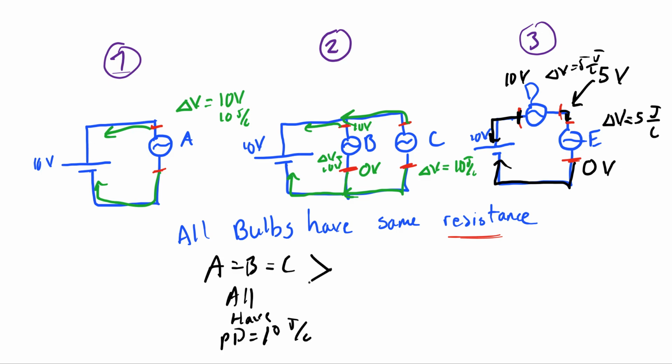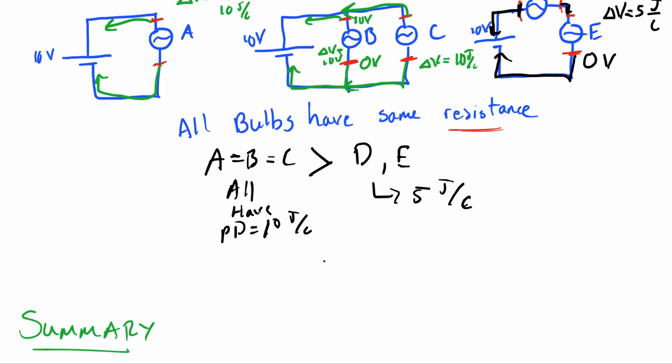And those are all greater than D and E, because those are each using 5 joules per coulomb. Because they're in series, they have to share that potential difference. And so by looking at potential difference, I can look at how much energy they're using, and then that lets me have a little intuition and insight into how bright those bulbs will be.